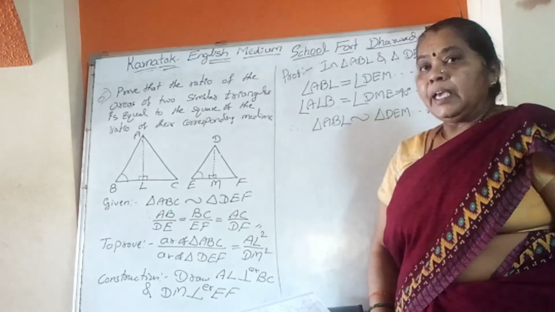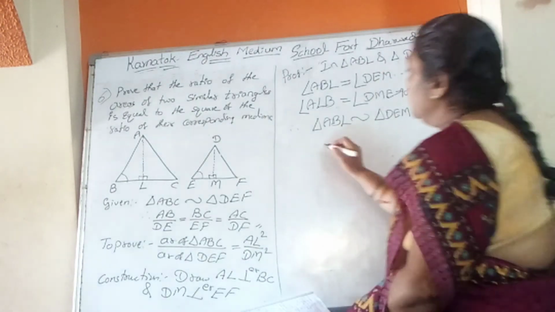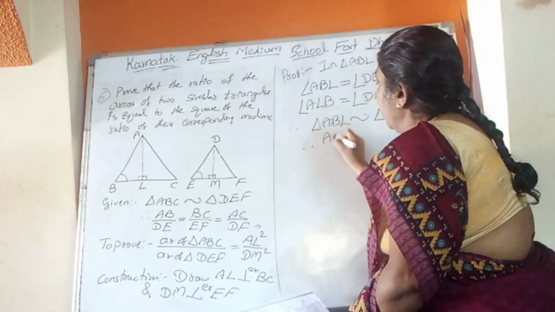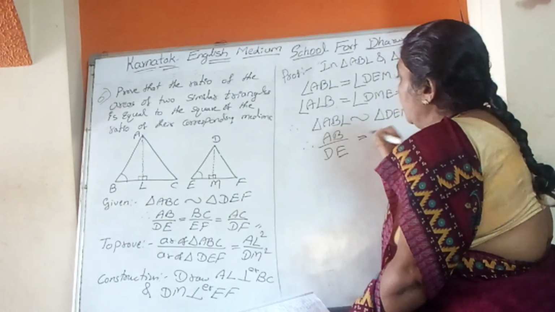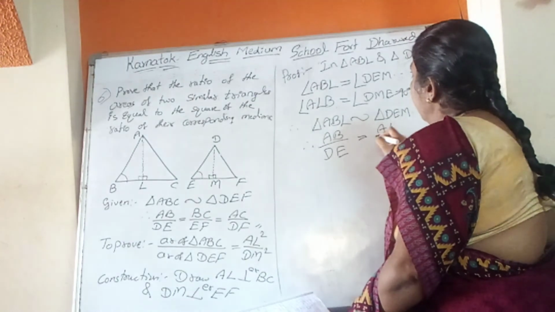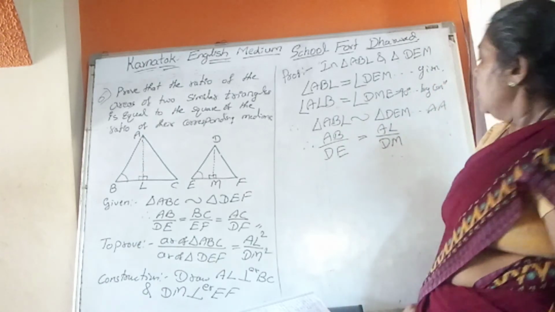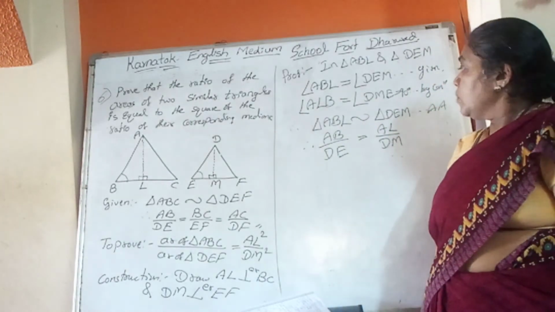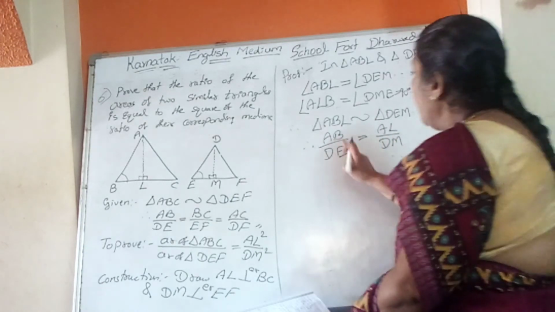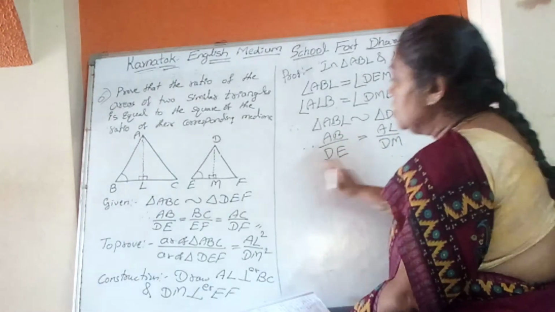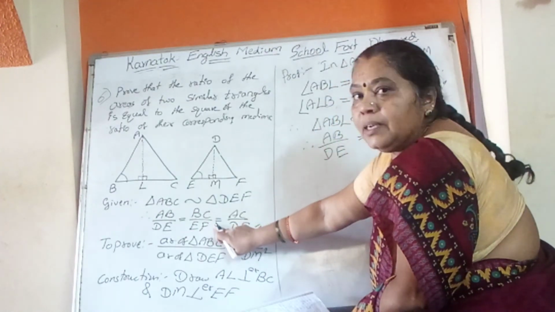When these two triangles are similar, therefore AB upon DE equals AL upon DM. Because you proved this. They only gave AB upon DE equals BC upon EF.